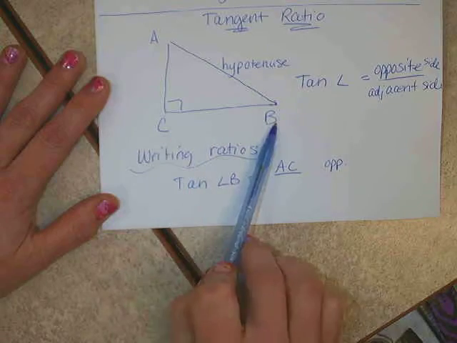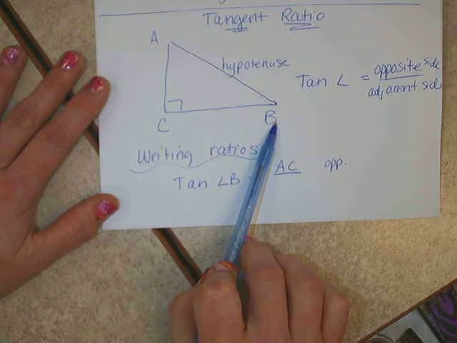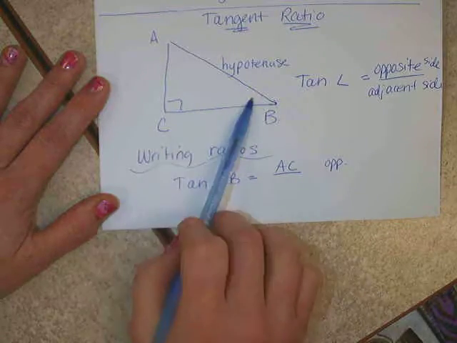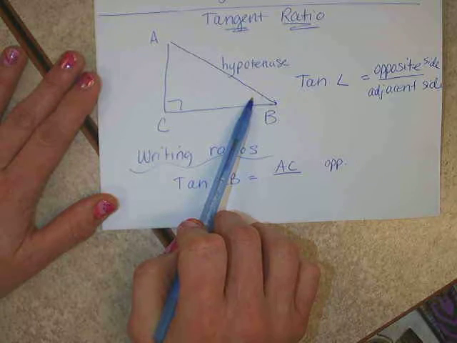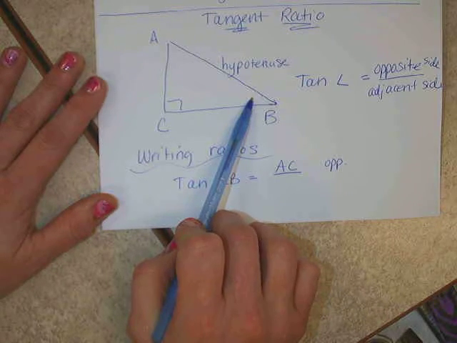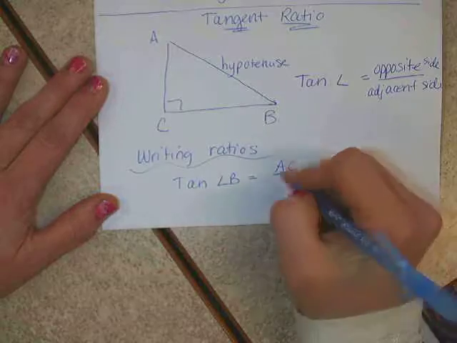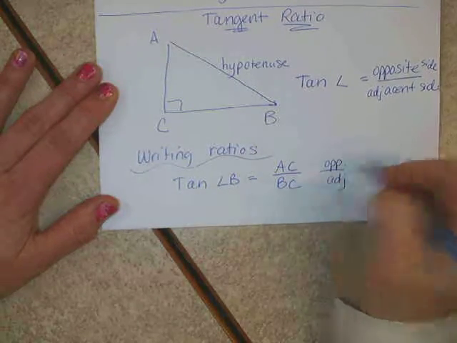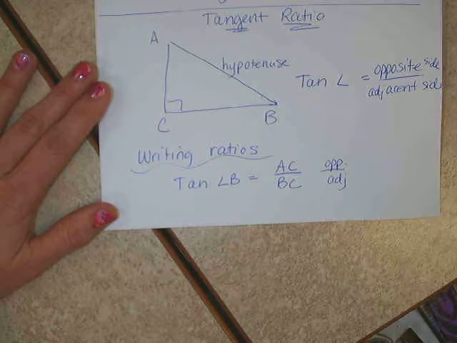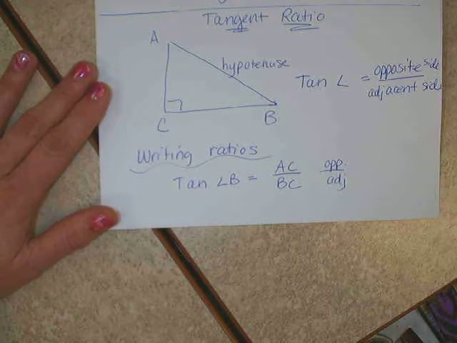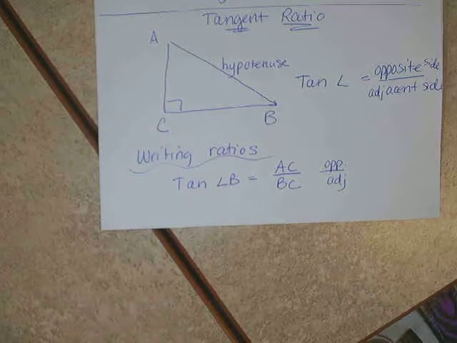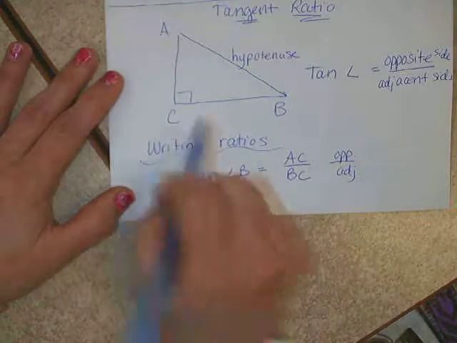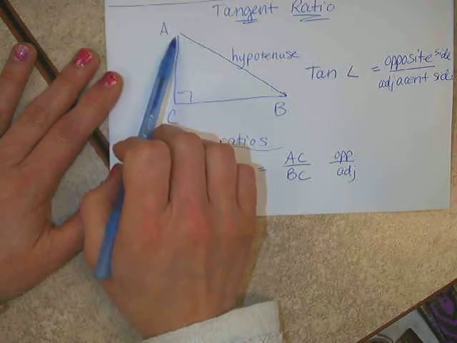And the adjacent side to B would be BC. It can't be this one because that's the hypotenuse. We don't use the hypotenuse with tangent. Okay? So BC would be adjacent. And when we actually have side lengths, you'll see how that works.